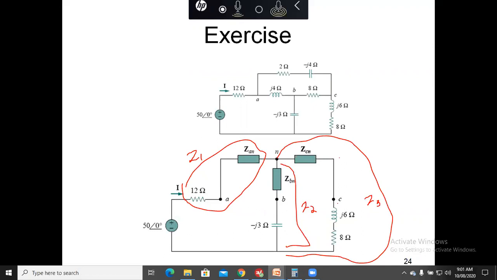So it's very simple. If we don't do this conversion, we cannot find the solution of this problem. We cannot find this impedance, and if we don't find this impedance, we cannot calculate the voltage at this point P. So that is unknown.